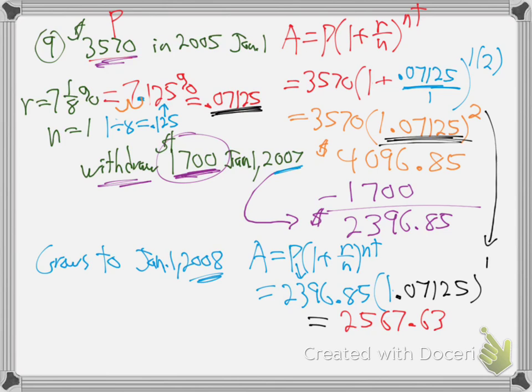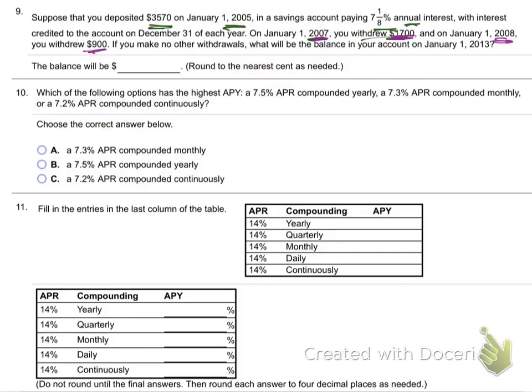Beautiful. So our money grew a little bit for that year, a couple hundred, from 23 to 25. Okay, and then they make another withdrawal.